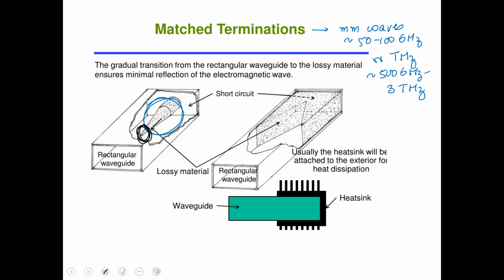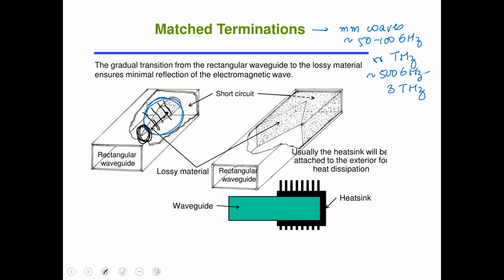And then as you go further and further up, this material starts to become the dominant one and it starts to suck the energy onto its own fields. These kinds of transitions are also needed when you use waveguides to do material characterization. Let's say I have a material and I want to find out what the loss of that material is.